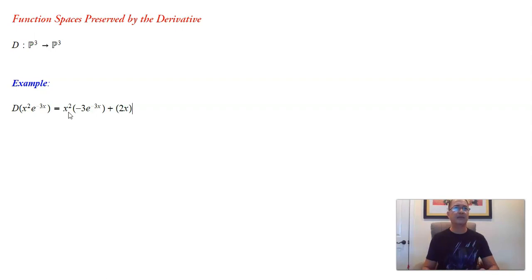Let me put parentheses. Okay, times, under the product rule, e to the minus 3x. Okay, so of course that simplifies into negative 3 x squared e to the minus 3x plus 2x e to the minus 3x.